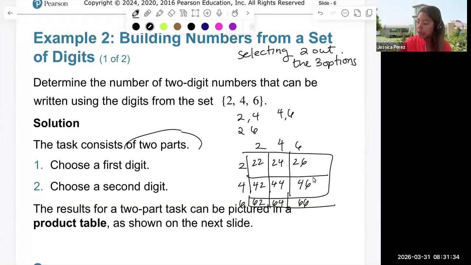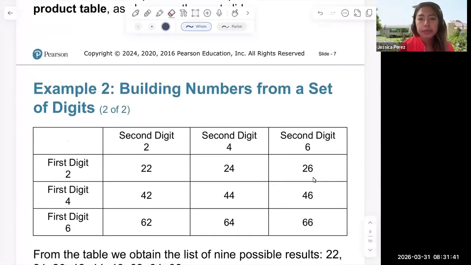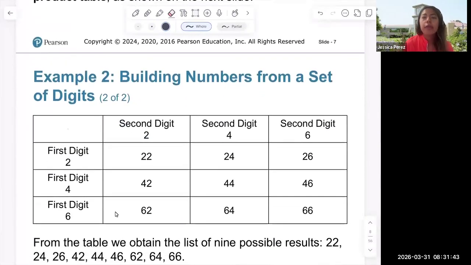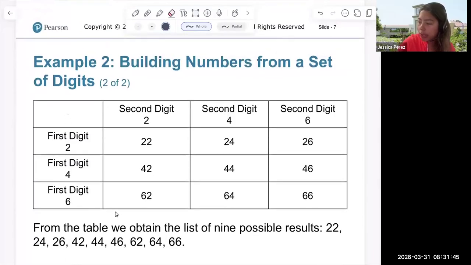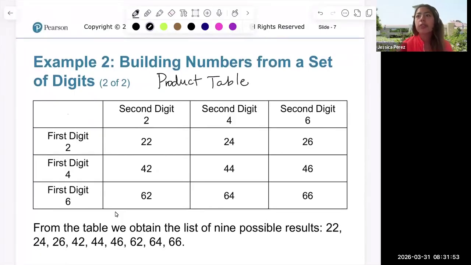That gives you 3 times 3, which is 9 options. This is called a product table. In the product table, it tells you how many ways you can have two digits.